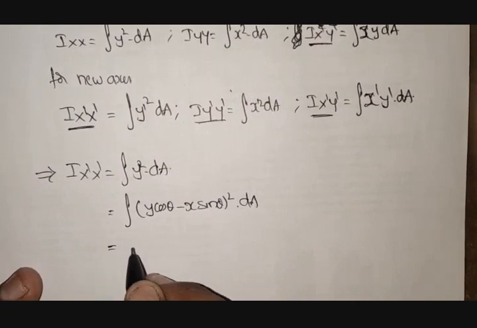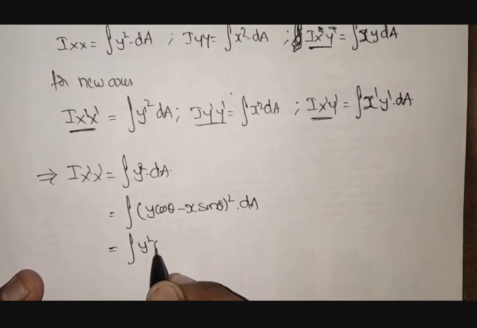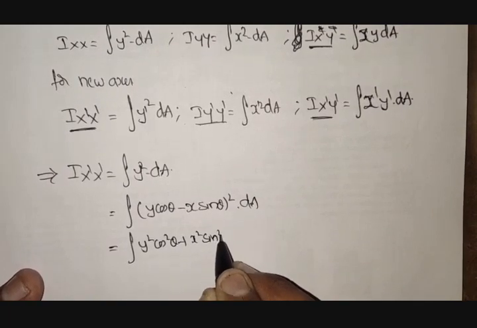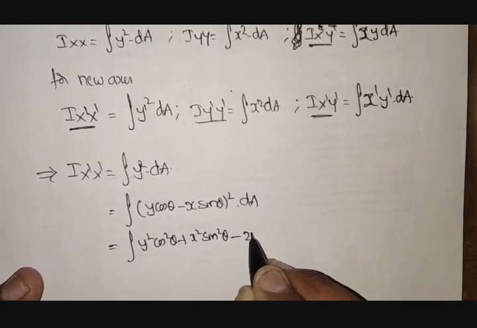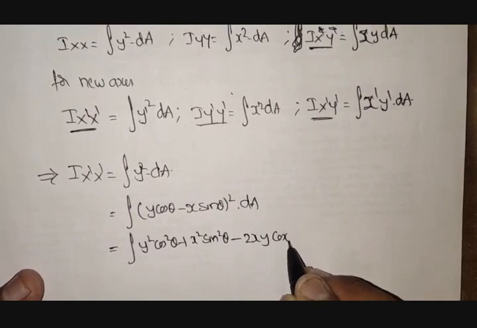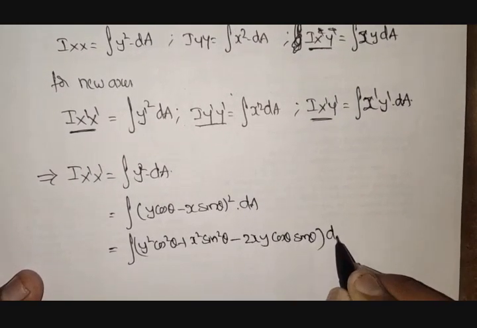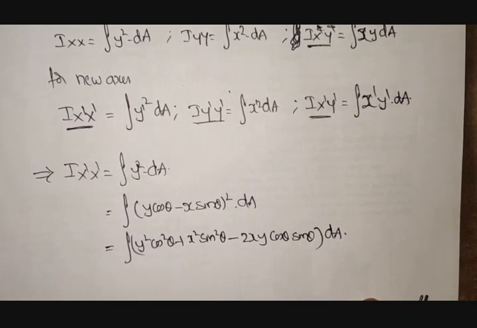Just simplify the equation: it will come as y square cos square theta plus x square sin square theta minus 2xy cos theta sin theta, whole dA.